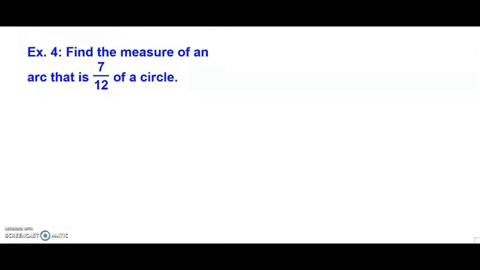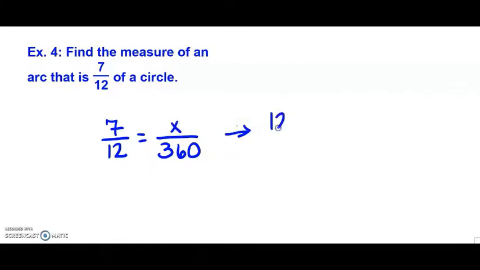And for our final example, find the measure of an arc that is 7/12 of a circle. I'm going to use a proportion here and call that x. So 12x equals 7 times 360.